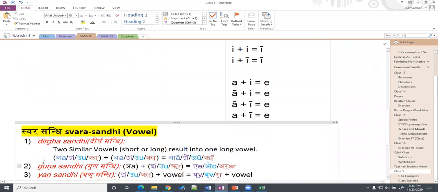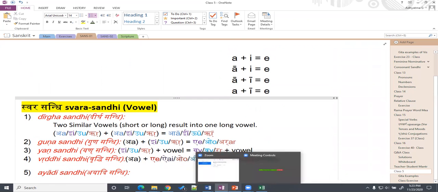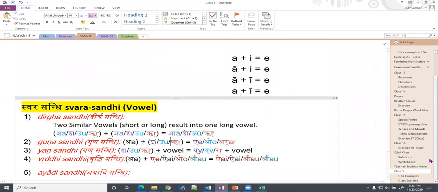Similarly with the ukara and rukara. So that is called guna sandhi.